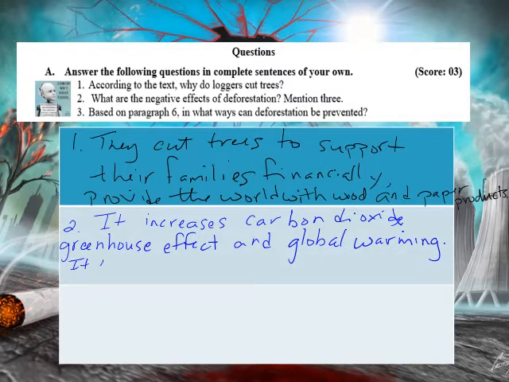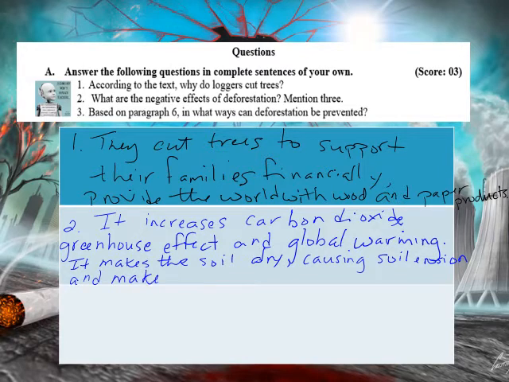It makes the soil dry. Makes water flow, causing mudslides from all the extra water.